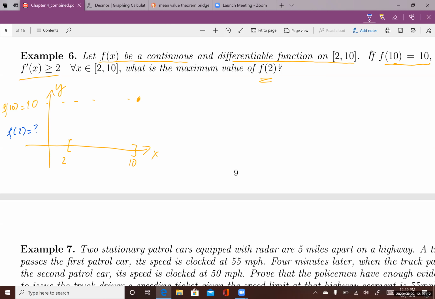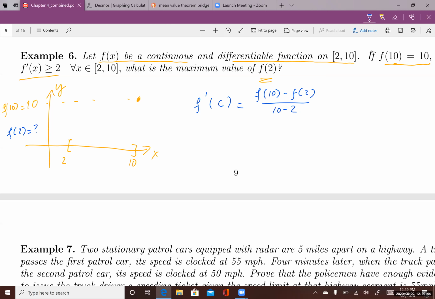All right. Well, let's see. We know that the function is continuous and differentiable, so then we can use the mean value theorem, right? And the mean value theorem says there exists a C such that f prime of C is equal to f of 10 minus f of 2 divided by 10 minus 2.